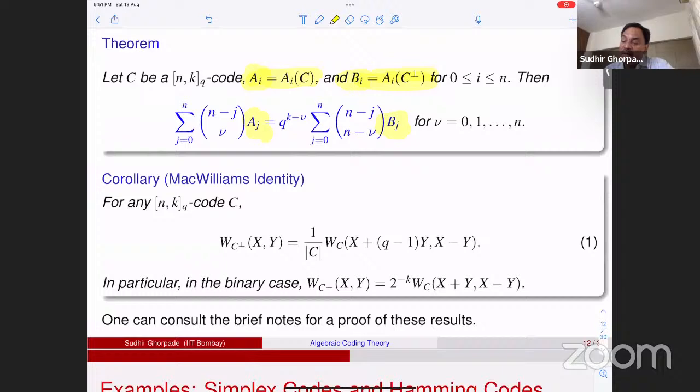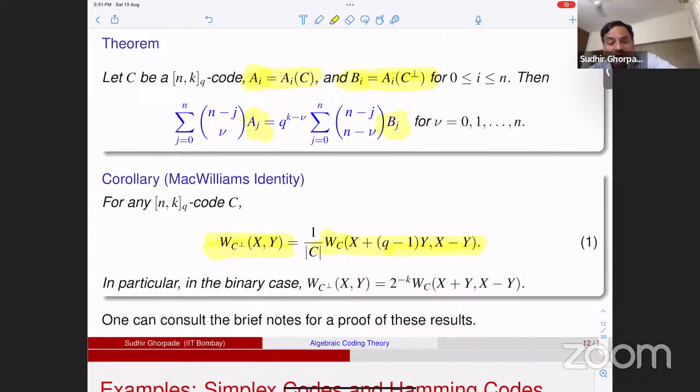This is maybe a little involved to explain, so I will translate it into the language of polynomials. It says that the weight enumerator polynomial of C perp, the dual, is related to the weight enumerator polynomial of C by this relation: for x and y, you substitute x plus (q minus 1)y and x minus y respectively, and you divide by the cardinality of C, which is q to the k.